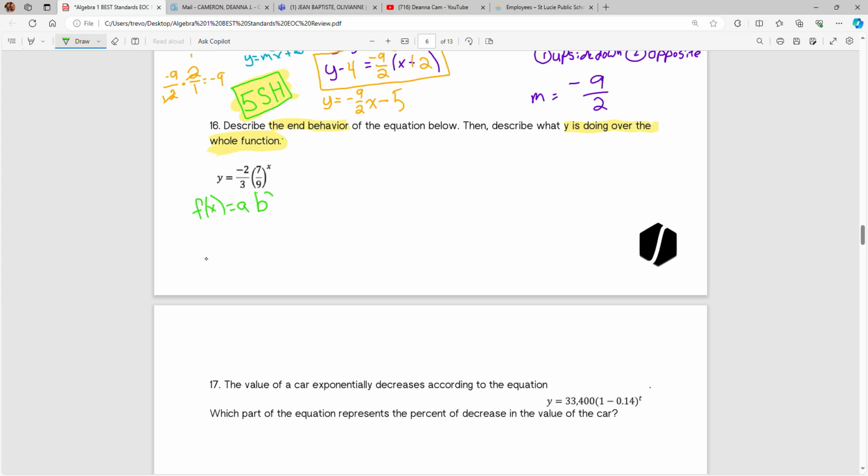b to the power of x, where a is your y-intercept, and b is telling you if b is less than 1, your function is decreasing, and if b is greater than 1, your function is increasing.